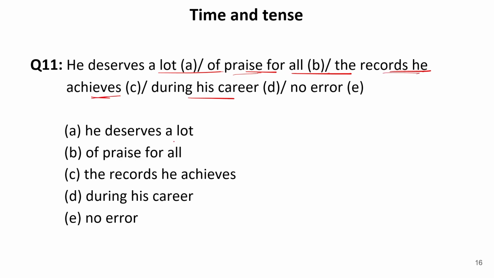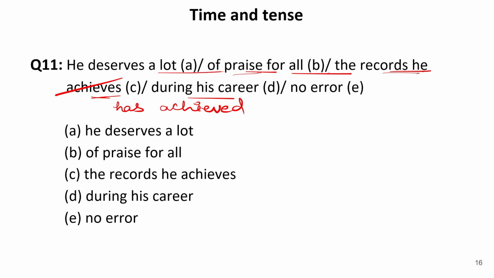Now, "he achieves" refers to the present tense. It means whatever he achieves, he deserves a lot of praise. But he deserves a lot of praise for all the records he... Now, this "achieves" should be replaced with "has achieved", because here we are talking about those records which he has already achieved.